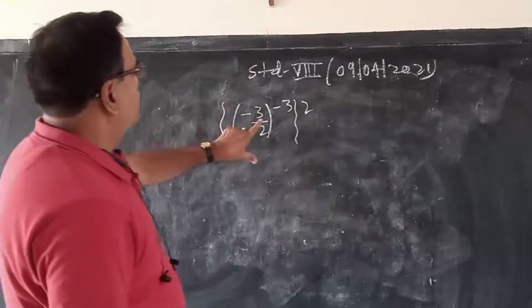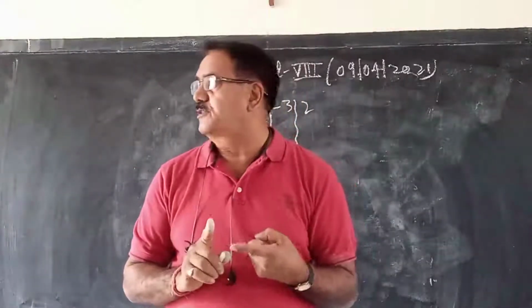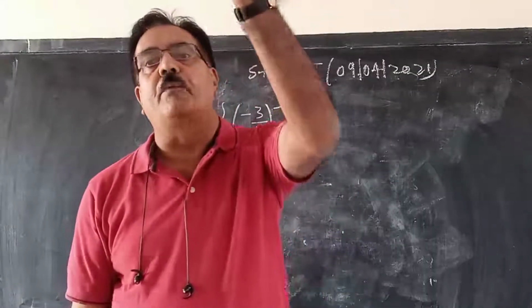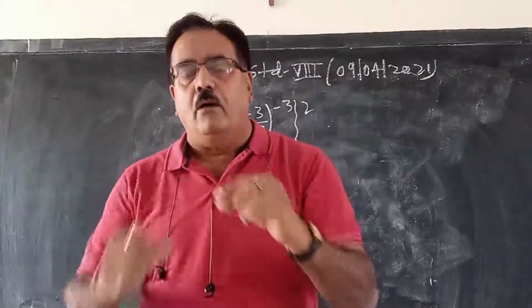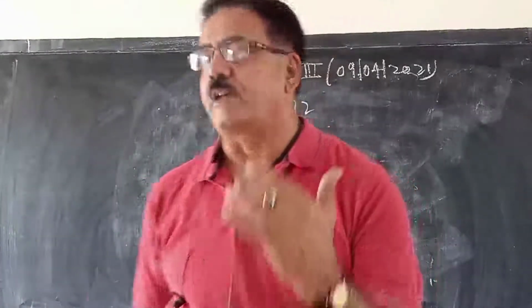Then come to the third law of exponents. (x^a)^b, whatever the powers, all the powers will multiply together. This is the third law of exponents.